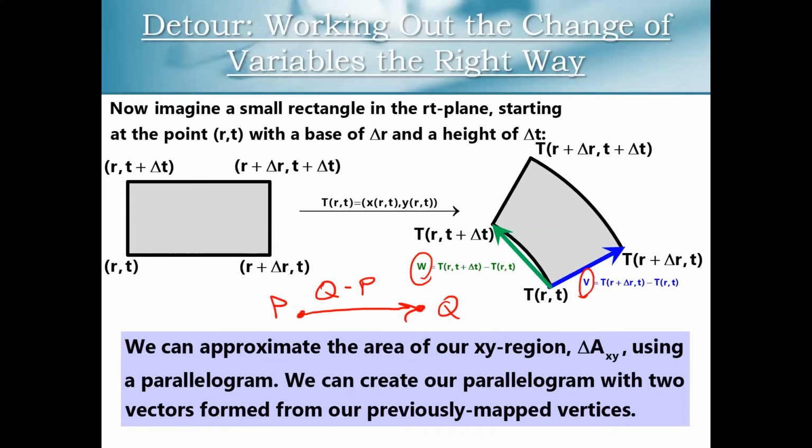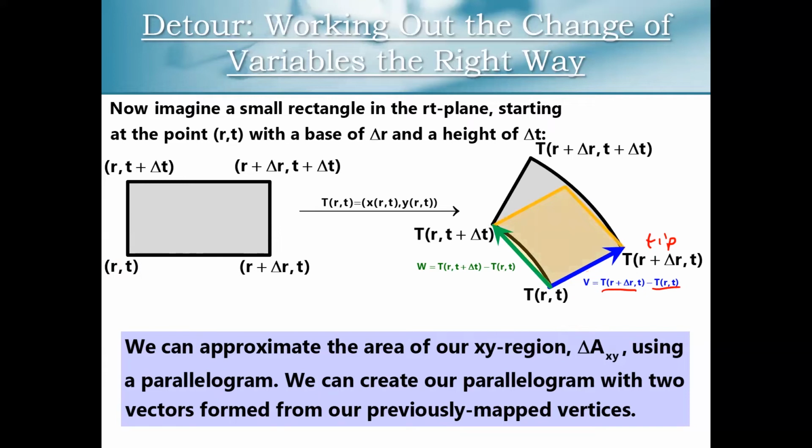You just take your tip minus your tail, and that's going to give you your vector. And that's what I did on the slide. If this guy's the tip of a vector, it's just some xy coordinate, and if this guy's the tail, if I do tip minus tail, that's my vector v. You could do the same thing for the green one, w.